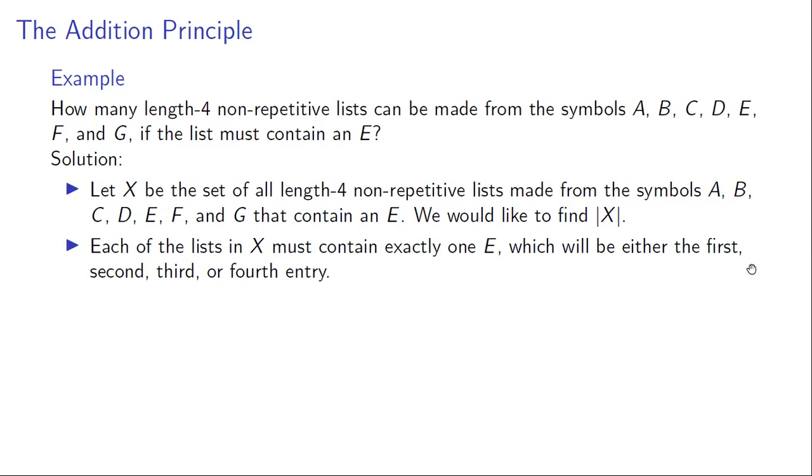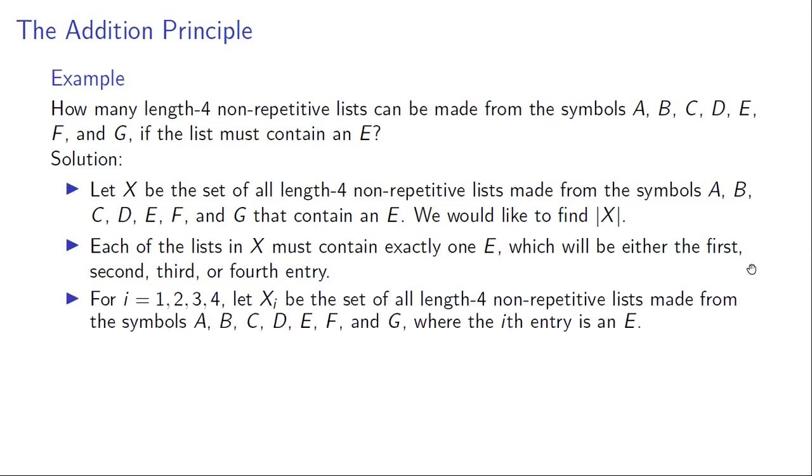In general, lists can allow repetition, but in this particular example, they do not. So each list must contain exactly one E, and not more than one E, because then it would be repetition. If each list must contain exactly one E, that E will either be the first, second, third, or fourth entry.